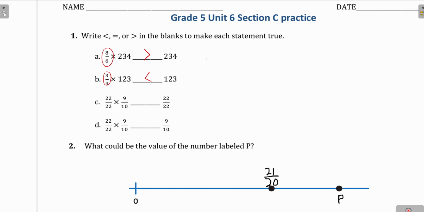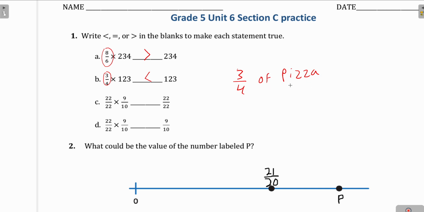And you could understand this easily if you think of the multiplication as "of." Imagine this is not 123. It's not even a number. Let's say it's a sandwich. Let's say I ate 3/4 of, I don't know, a pizza. 3/4 of a pizza. So did I eat the whole pizza?